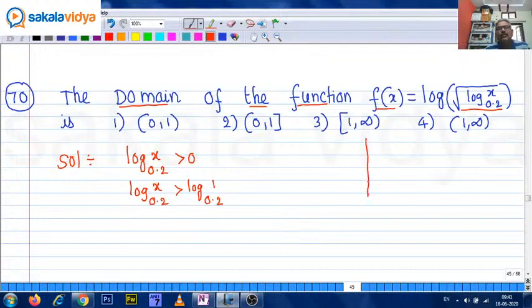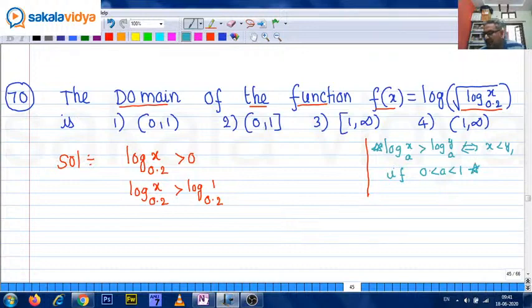So we have one rule that I will discuss. For example, log x to the base a is greater than log y to the base a implies x less than y if 0 less than a less than 1. This is the basic inequality property you need to remember.